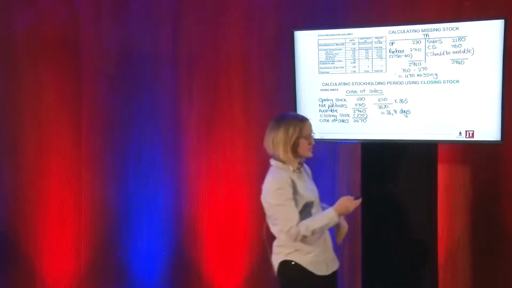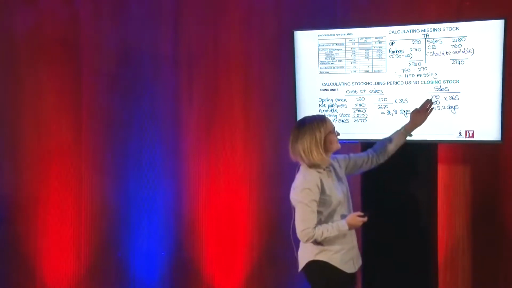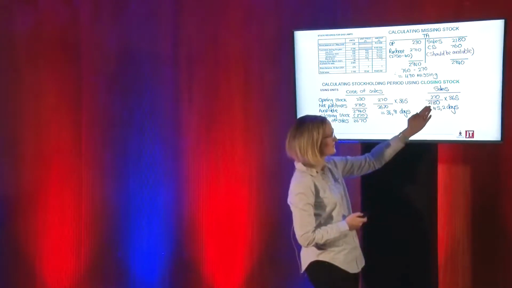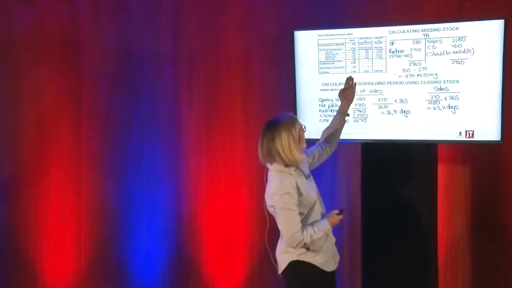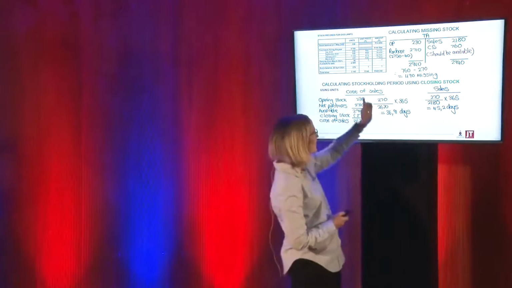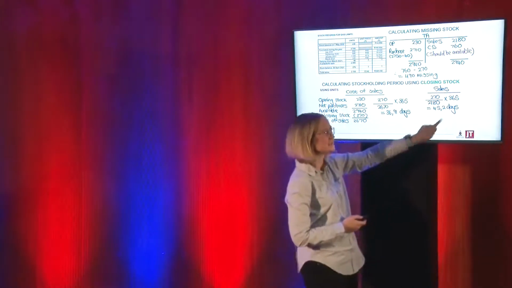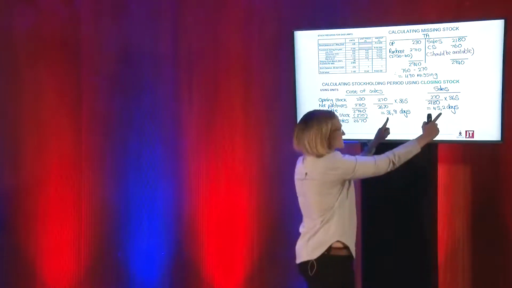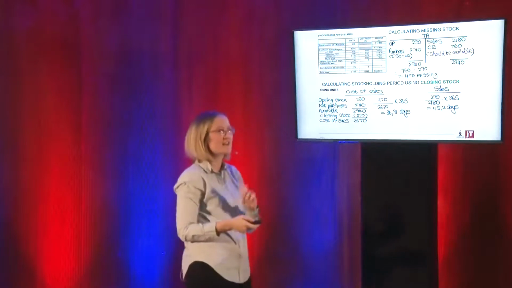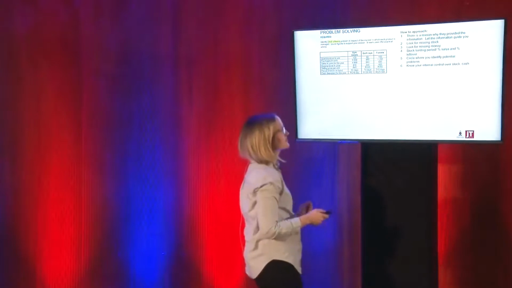Or we can use the sales: the total number of units left over is 270, divided by the number of units sold, 2,180. And remember, for stock holding period, your answer must be in days. Now notice, it's different answers, but both are acceptable because there are different methods of getting to the answer. You could also use the totals.